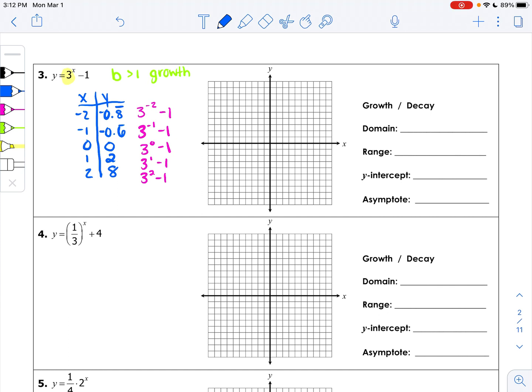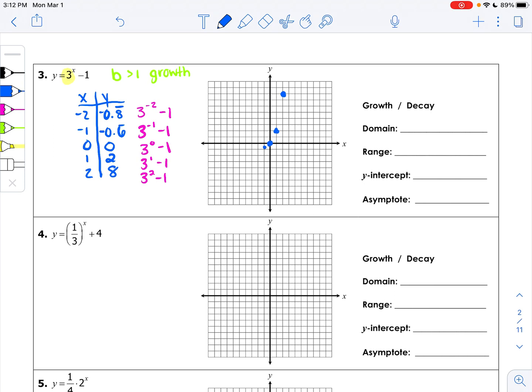So I'm going to start from the bottom of my table and graph those points going up. So my first point of 2, 8, go over 2 and up 8. 1, 2, over 1, up 2. 0, 0. And then again, for my decimals, I'm going to have to estimate them. So over to -1 and down to about a half.